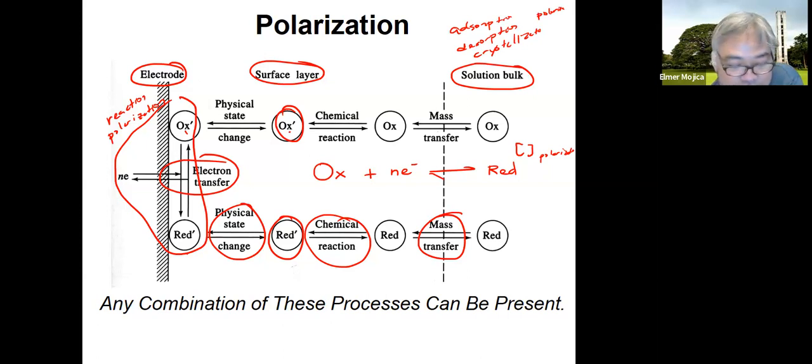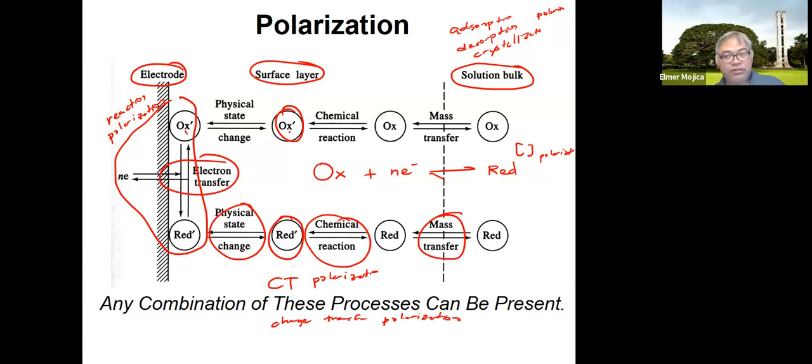And when the current is limited by the slow rate of the electron transfer from the electrode to the oxidized species in the surface film, or surface layer, or from the reduced species to the electrode, we have the so-called CT polarization. So that is what we call the charge transfer polarization.